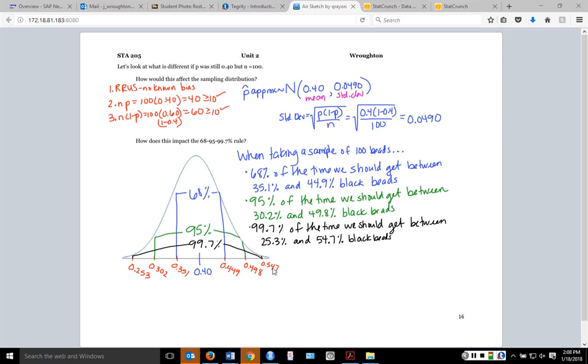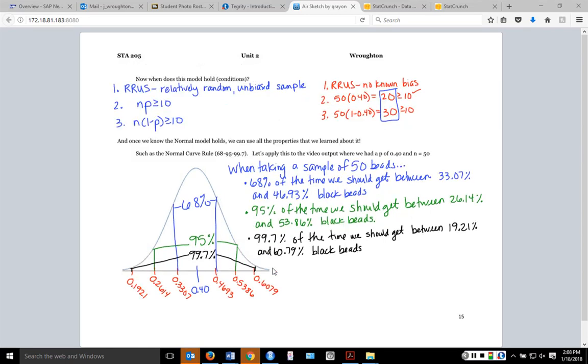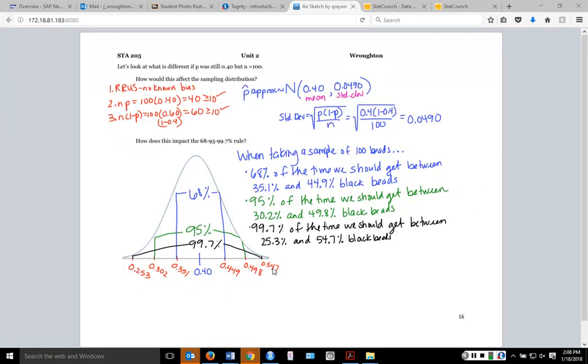So we would have a different expectation from a different sample size. So again, kind of comparing it, our numbers along the bottom are different. So different expectation.